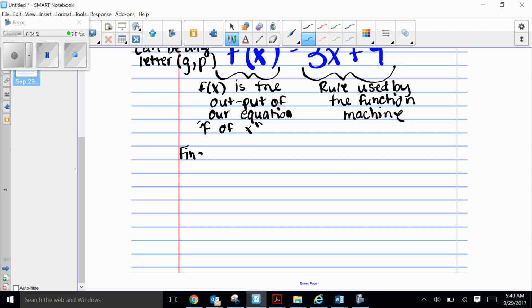So let's say I want to find and illustrate f of 2 and f of negative 1 for my function of 3x plus 4. Okay, so I want to know what f of 2 is, the function of 2, and the function of negative 1. And we're going to use our function machine to help us see that.